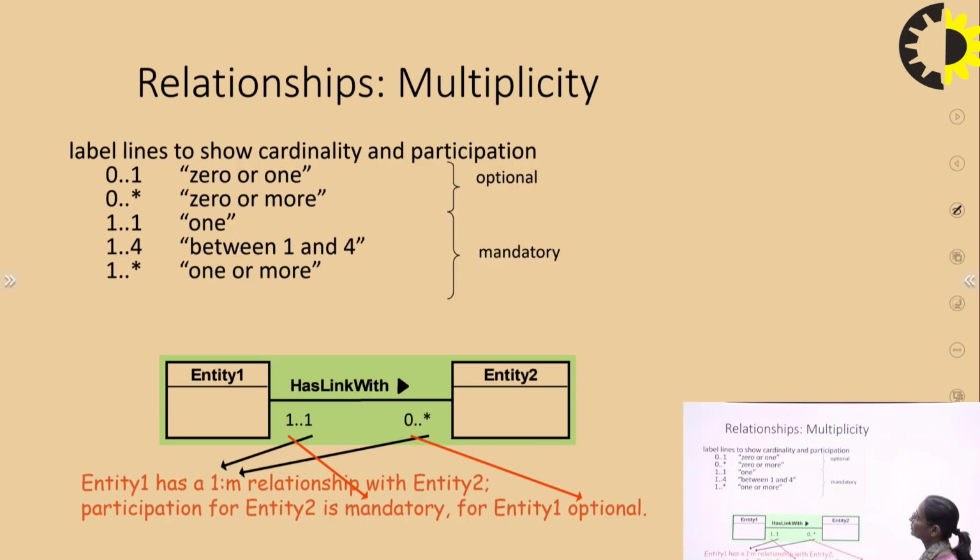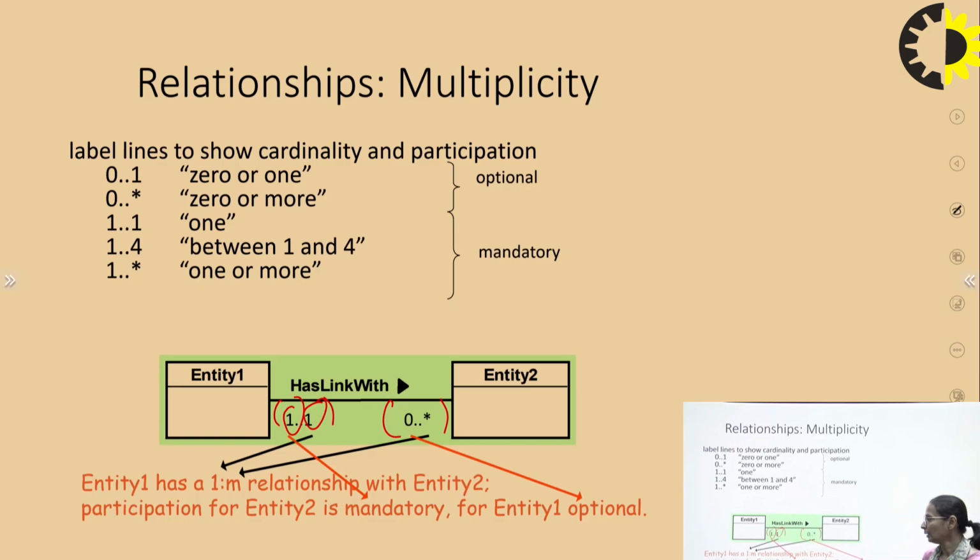Multiplicity, which we have seen, is how we show the relationships. In many diagrams you will find this particular kind of notation. Here this is my participation. The first symbol represents the participation, and the second represents my cardinality.